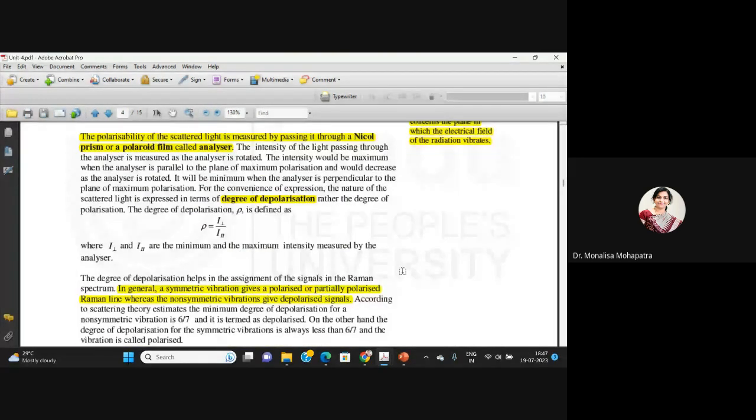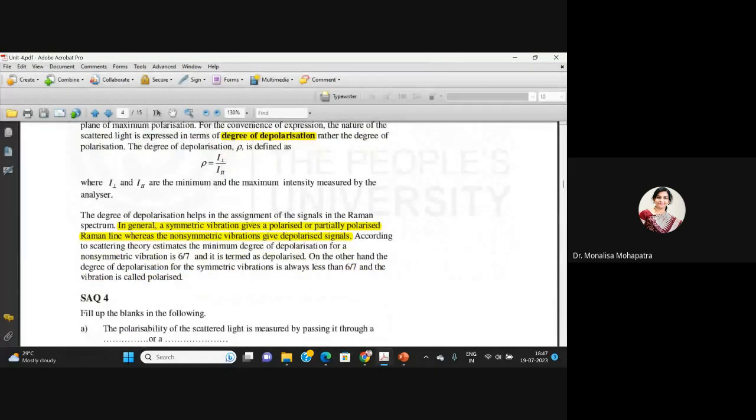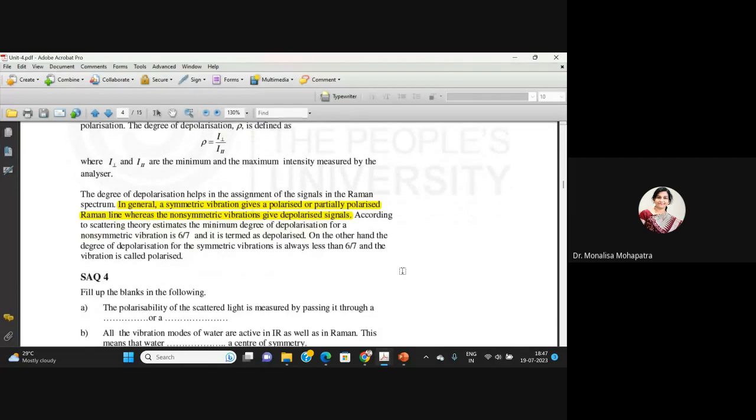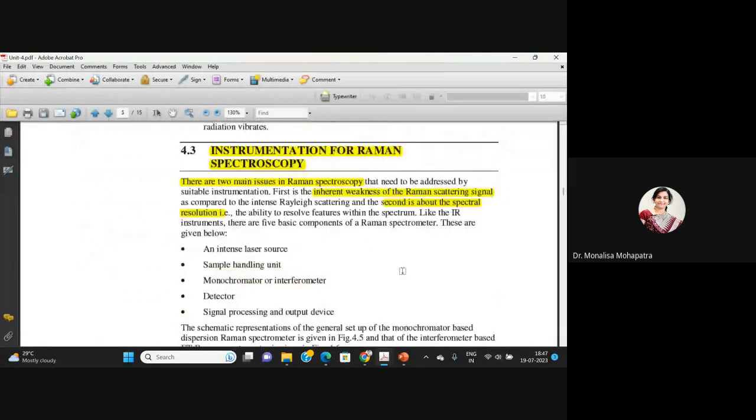So in general, symmetric vibrations give polarized or partially polarized Raman lines, whereas non-symmetric vibrations give depolarized signals. The signals which we are getting will be depolarized signals.